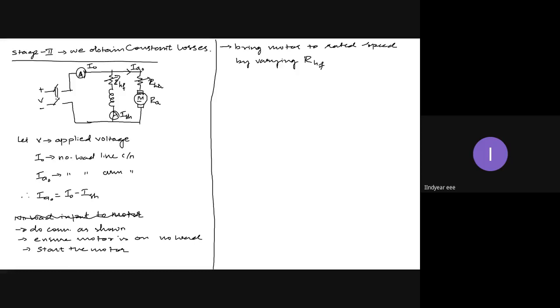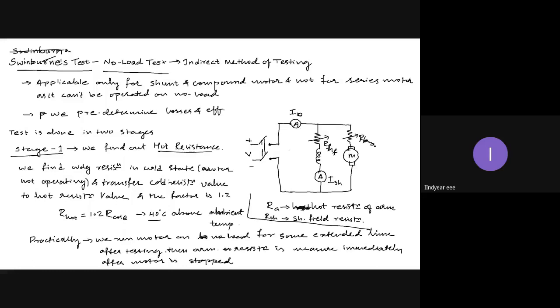Done. This is the experiment. Once this happens, note down the readings of all meters. We have missed one voltmeter here, even in the previous circuit diagram.